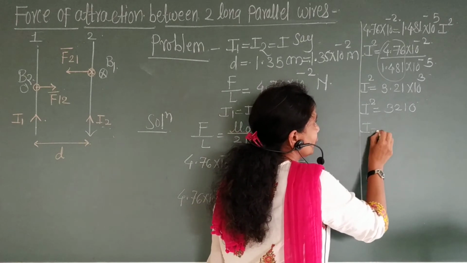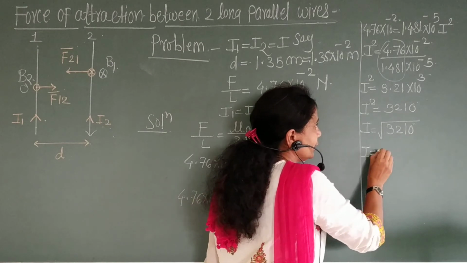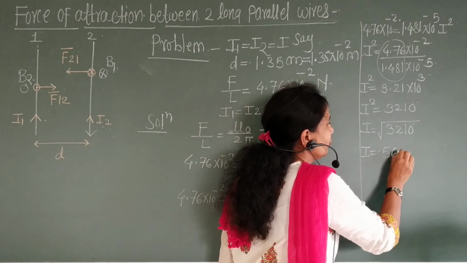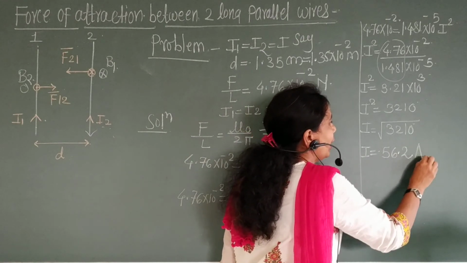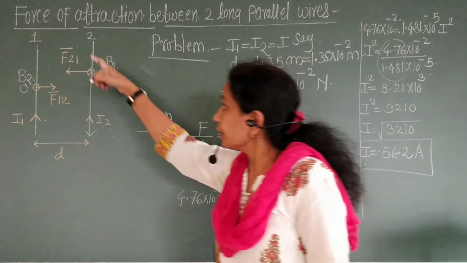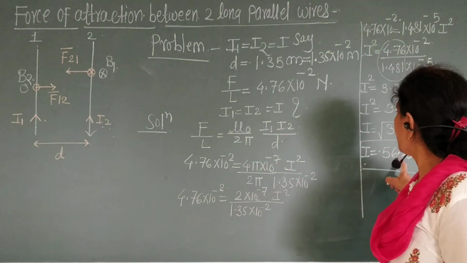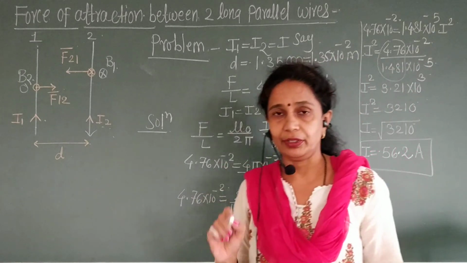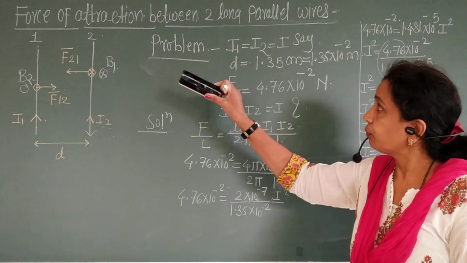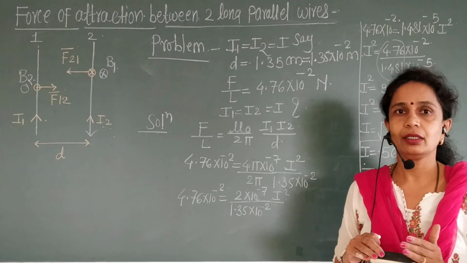Therefore I is equal to the square root of 3210, and from the log table, I is equal to 56.2 ampere. Therefore, the current flowing through each wire is 56.2 ampere. This is the problem based on the force of attraction between two long parallel wires.